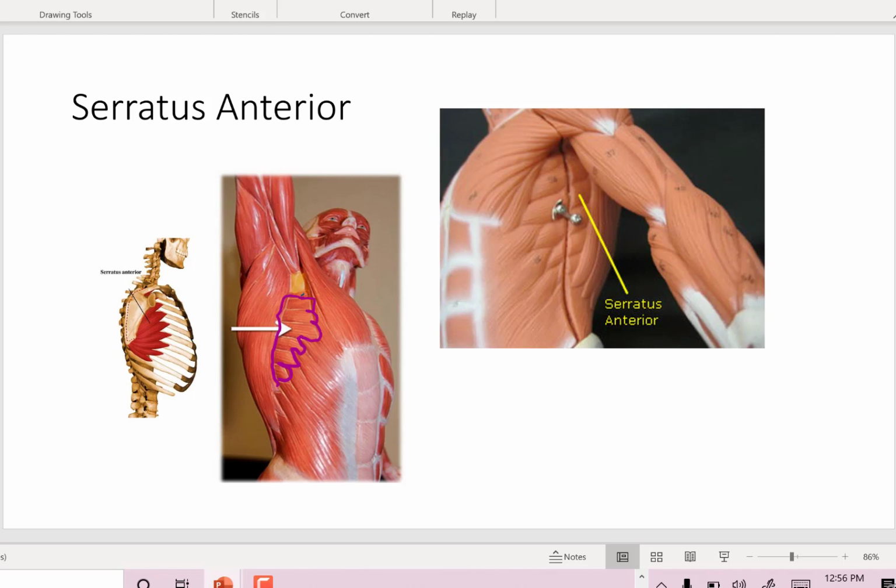Its job is to protract. That means pull the scapula anteriorly and rotate the scapula superiorly and laterally, which is why we call this the boxer's muscle. We think of throwing a punch, an uppercut. You've got to protract your scapula and also rotate it up superiorly and laterally.